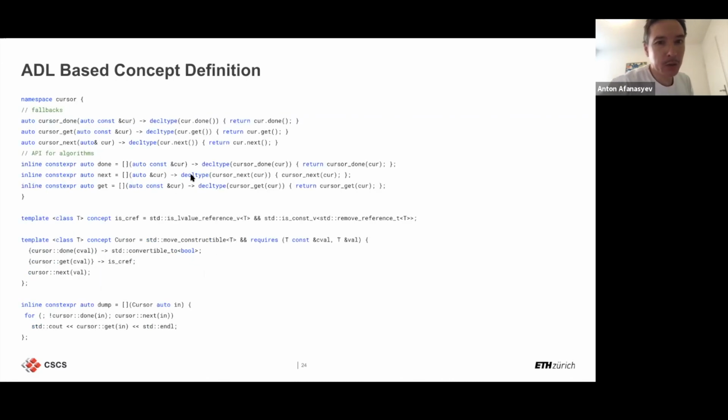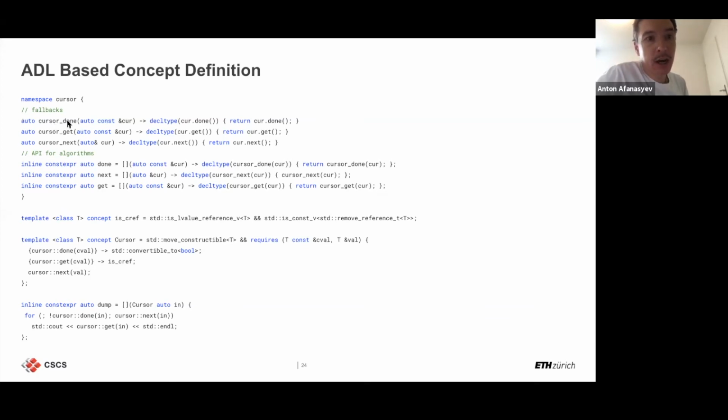So the outcome is the following: to define the cursor method, we need to have these cursor done functions available by ADL lookup. But alternatively, we can skip defining them, and then we will use fallbacks. These fallbacks will only be triggered if we don't have cursor done available by ADL.